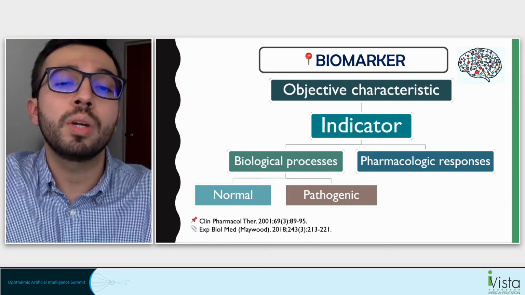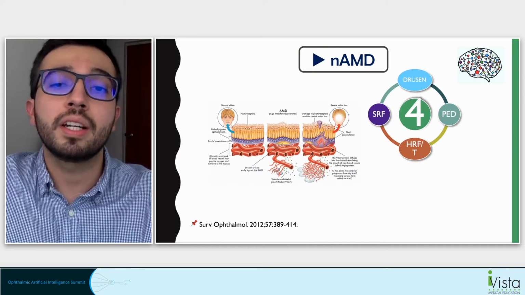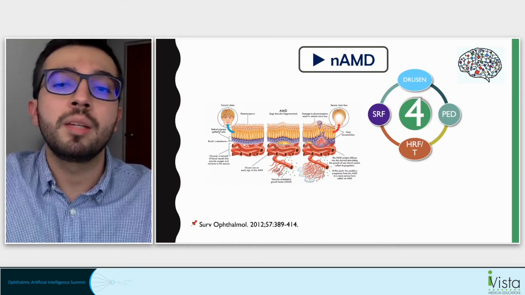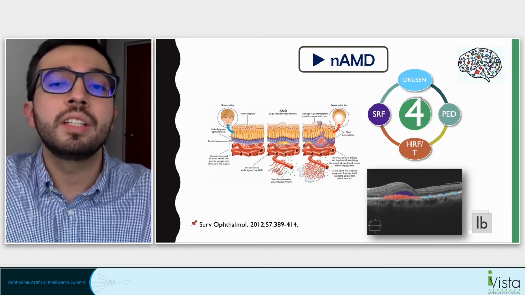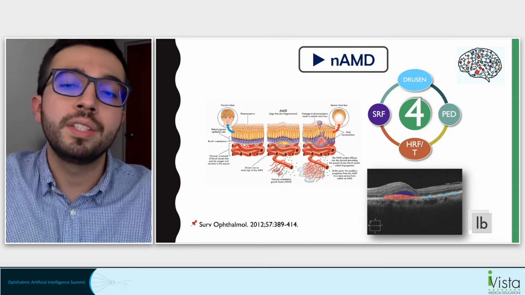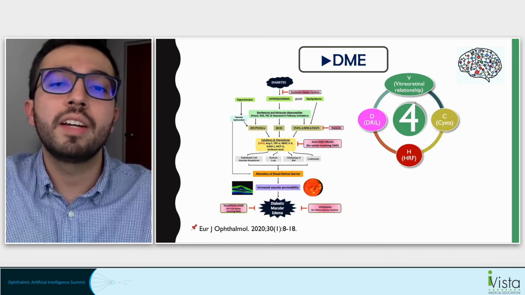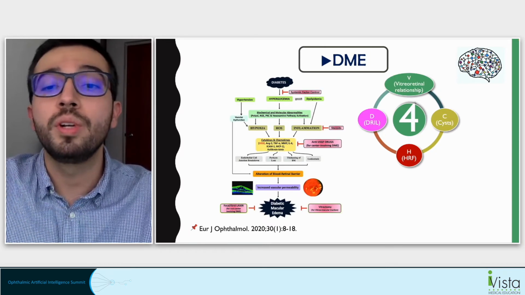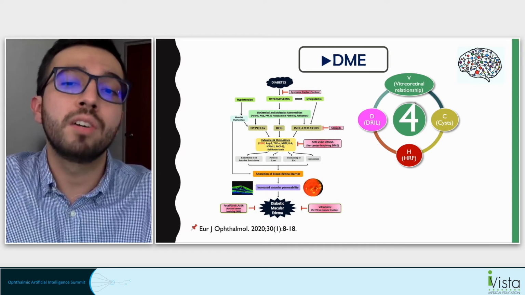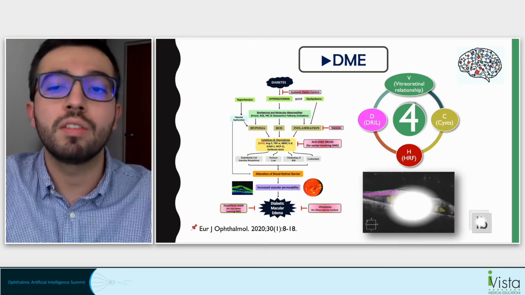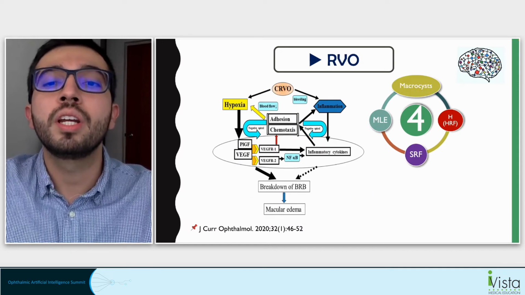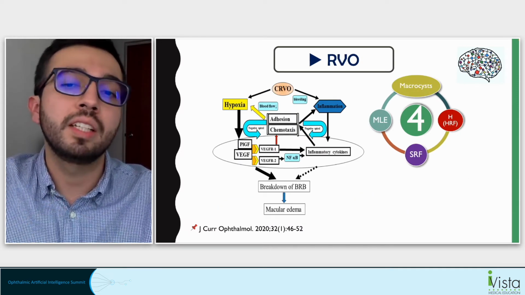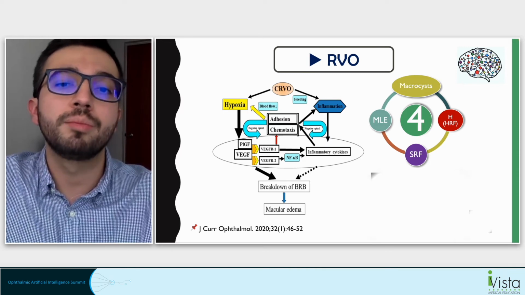So, for example, we have some important biomarkers in AMD, like drusen, subretinal fluid, hyperreflective foci and tissue, and PED. In the case of diabetic macular edema, for example, with DRIL, hyperreflective foci, and cysts. And in the case of retinal vein occlusion, with macrocysts, hyperreflective foci, and subretinal fluid.